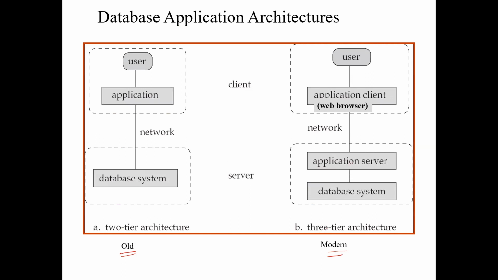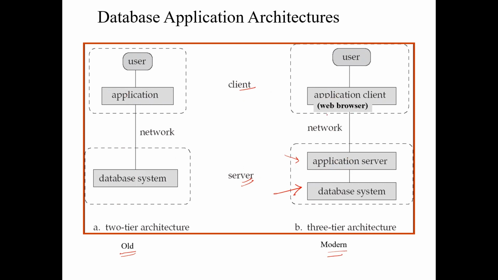Now in the three-tier architecture, there are three layers or three levels. One is the client and the second is the server. On the server side, there are two servers: the application server and the database system. Here the client will not directly access the database. Through the application, users access the database system.